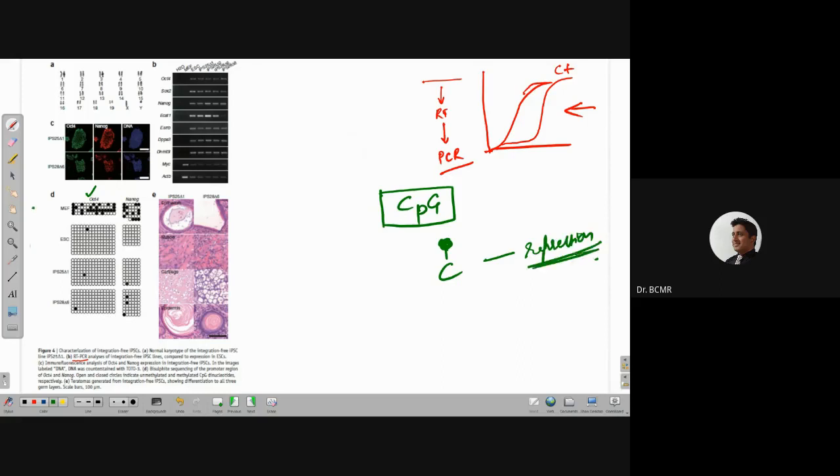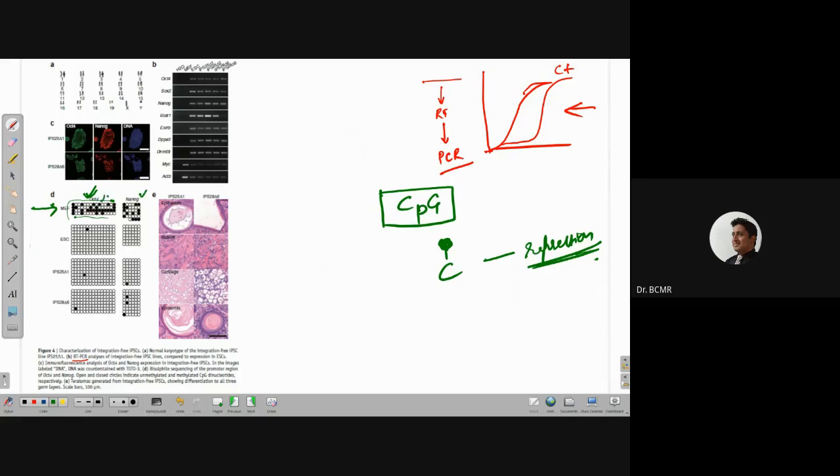If you look at the differentiated cells, fibroblasts, you notice that in the upstream or promoter regions of OCT4, the black dots indicate DNA methylation. You see that a lot of cytosines are methylated.